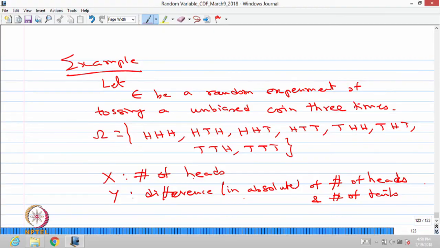The way x is defined, the number of heads, and the experiment is tossing an unbiased coin 3 times, there is a possibility you will get no head, or 1 head, or 2 heads, or 3 heads. Therefore, the possible values of x are 0, 1, 2 or 3. Whereas y is the absolute difference of the number of heads and number of tails, so the possible values of y are going to be 1 and 3.